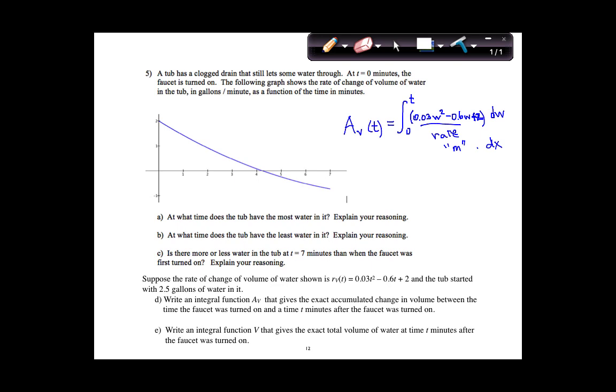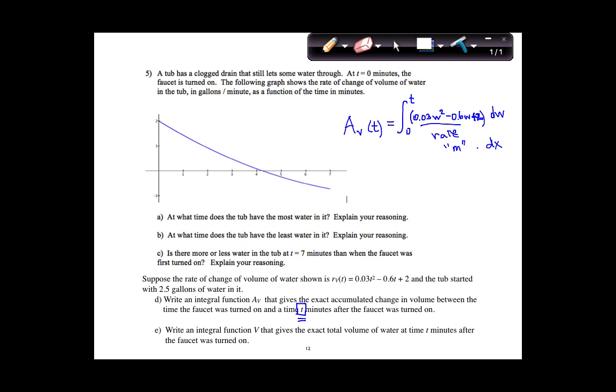Yeah? Does it matter which variable you switch? Because I changed the t in the integral. I wrote x and I put t in the equation. Does that matter? In general, no, but for this particular question, I want to have a function where t is the independent variable. So t needs to be the outside part.